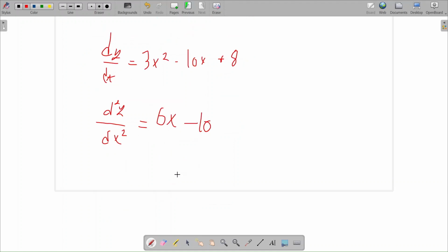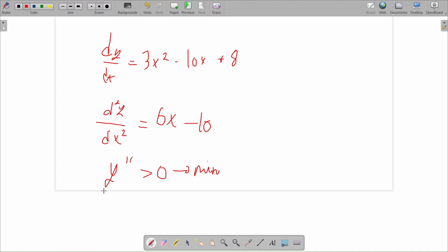Right. Now, before I start solving, you need to know that if your second derivative, which I'll denote by y prime prime since I don't need to write all this again, is greater than 0, then the point you have is a minimum.